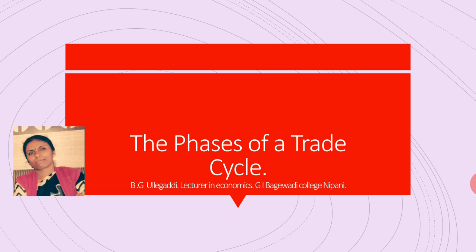So what is trade cycle? It is nothing but a series composed of periods of good trade, characterized by rise in prices and low unemployment percentage, alternating with periods of bad trade, characterized by falling prices and high unemployment percentage.